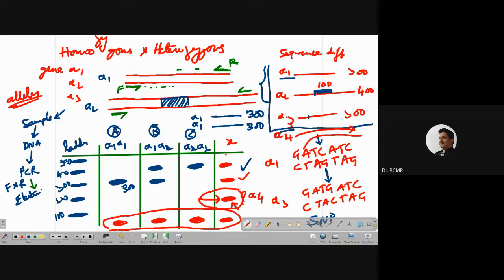In diagnostic tests, generally they develop the test after thorough understanding of everything or maximum data available. Yet there are possibilities that something new may come, and then further analysis is required to see if it is an extra copy, a deletion, or a new allele and so on. Okay?